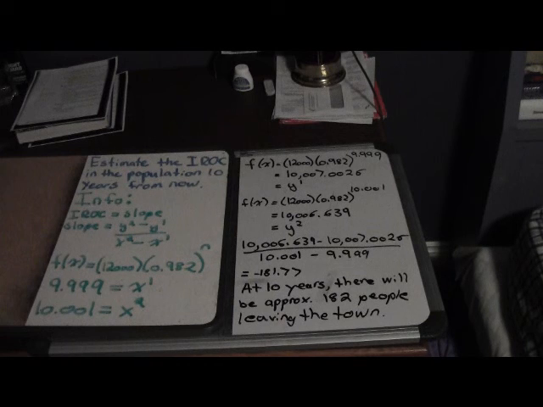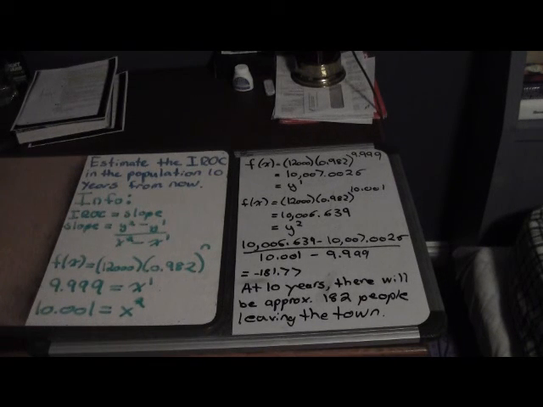Okay, part B is asking you to estimate the instantaneous rate of change in the population 10 years from now. So what that means is at 10 years, how many people will be leaving the town? In relation to every grade before that we've learned, IROC is equal to the slope of a line.